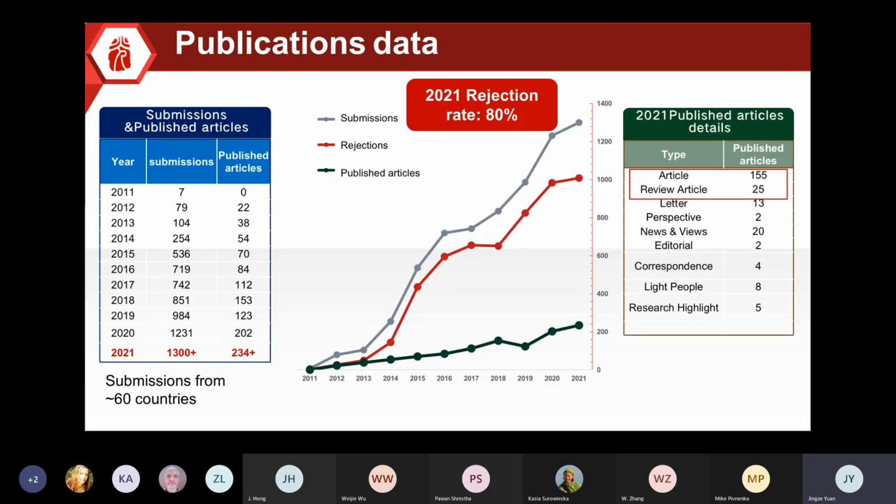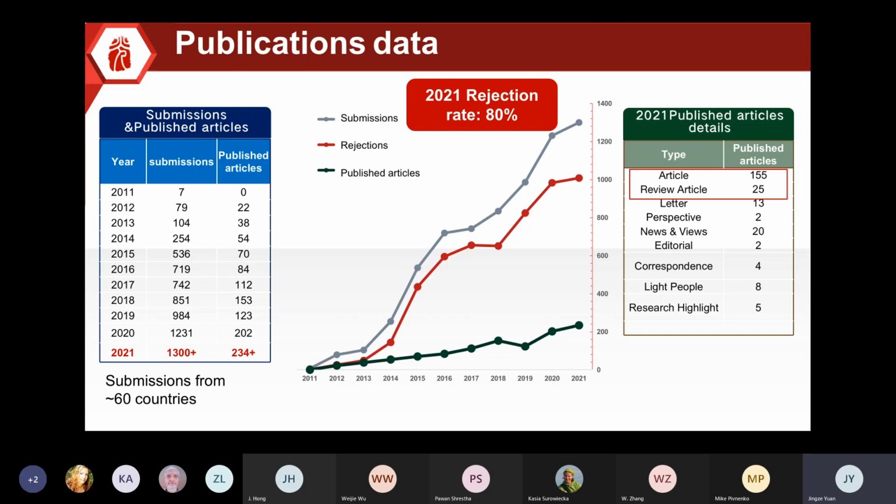Next, I would like to share some important data that you may like to know. Last year, we received over 1,300 submissions from about 60 countries, and finally published nearly 240 papers.